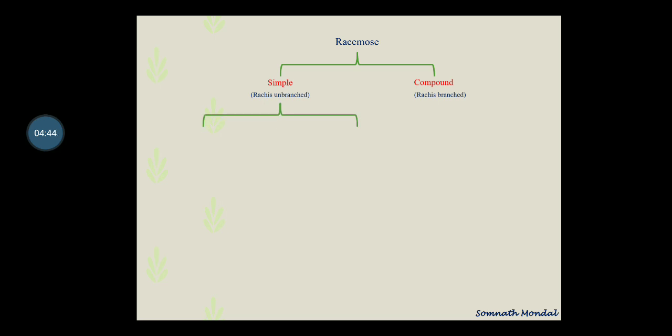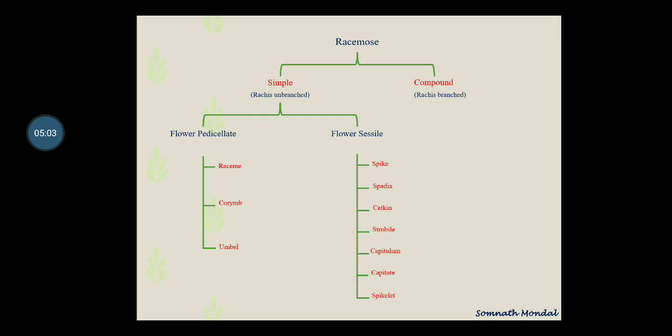The simple racemose can be divided into two, that is flower pedicellate and flower sessile. In case of pedicellate flower types, there are three main types, raceme, corymb and umbel, whereas in sessile category there are 7 other types. These are spike, spadix, catkin, strobile, capitulum, capitate, and spikelet.